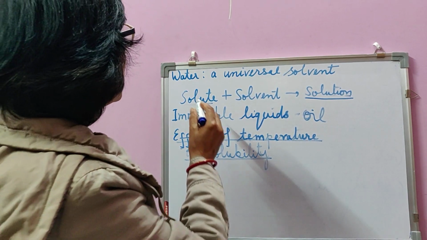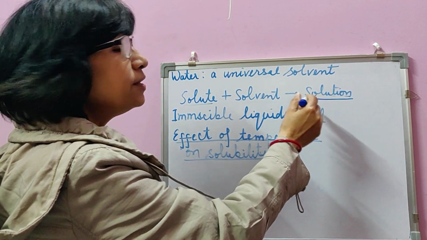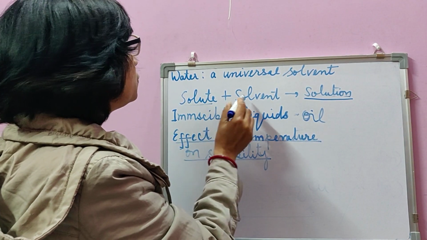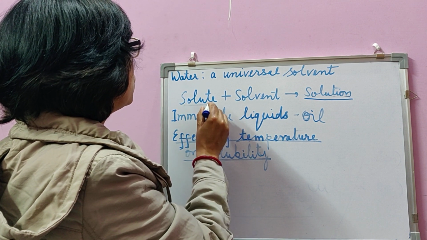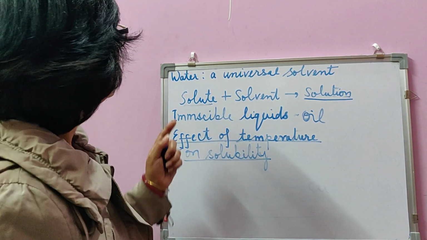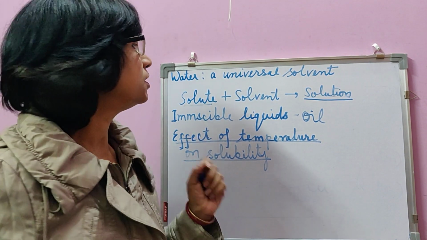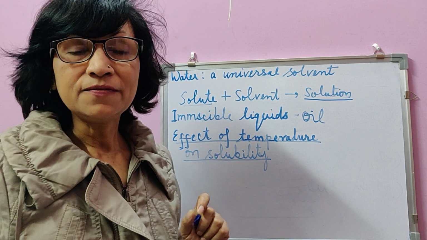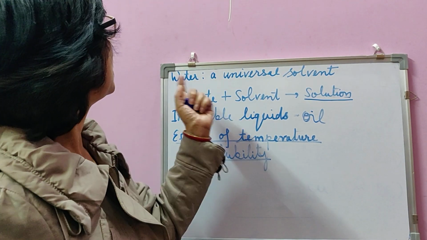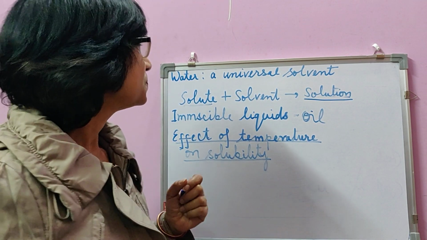If we think of a true solution, a homogeneous solution, then out of the components, one can be called the solute and the other the solvent. The solute is the one in comparatively smaller proportion, and the solvent is the one in comparatively larger proportion. But in this chapter, we are talking about water as the solvent.